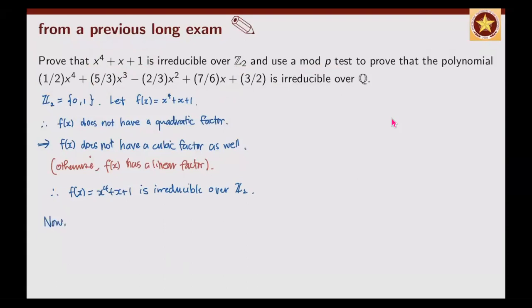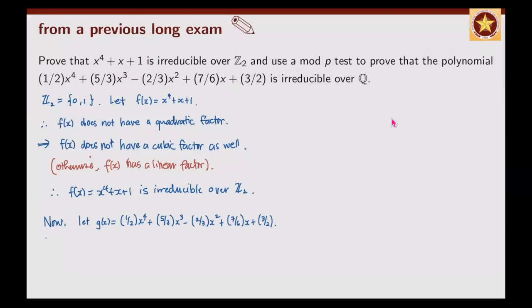Now, let g of x be the polynomial 1/2 x fourth plus 5/3 x cubed minus 2/3 x squared plus 7/6 x plus 3/2.